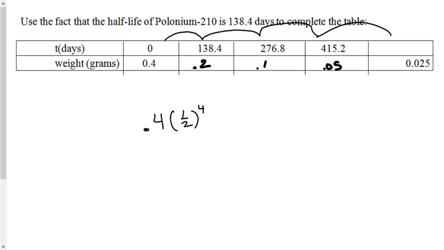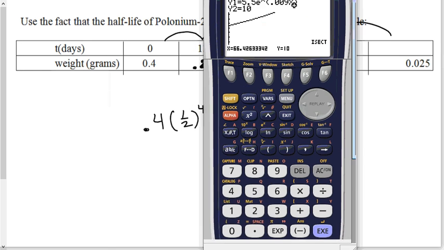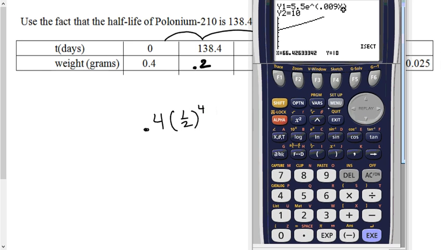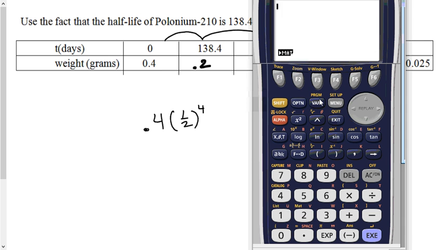And then if we go and we take, let's get this out of the way. That's right in the way there. Let's just do a quick double check and confirm. We can do 0.4 times 0.5 raised to the 4th power.